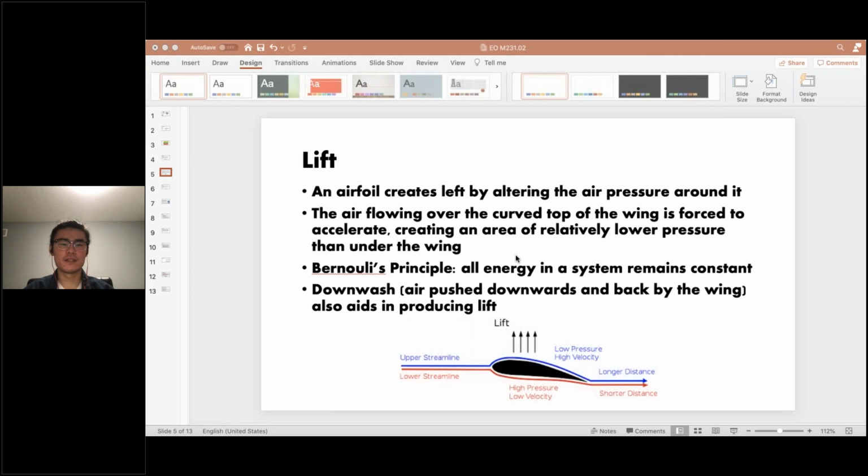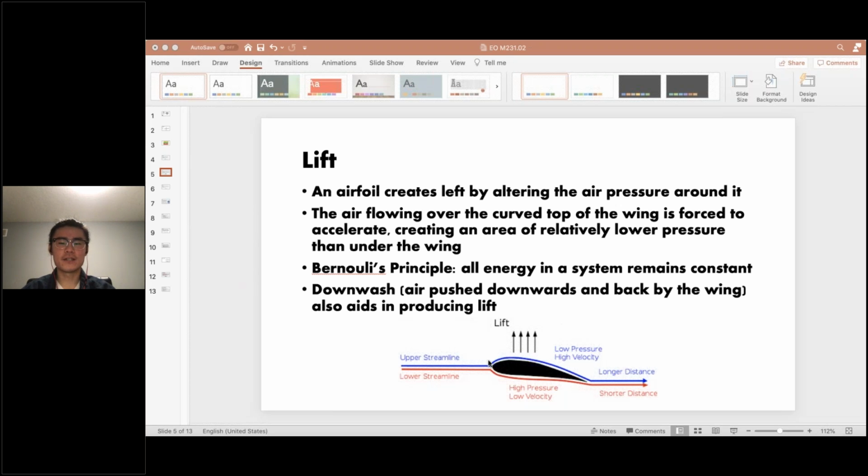So lift, one of the four forces that is making you actually fly, is created by an airfoil altering the air pressure around it. So I'll give you a simple example.